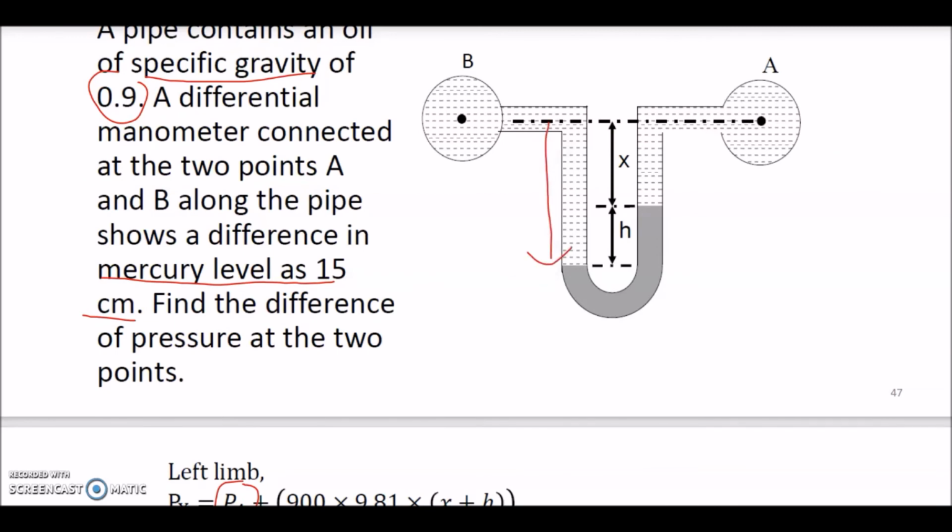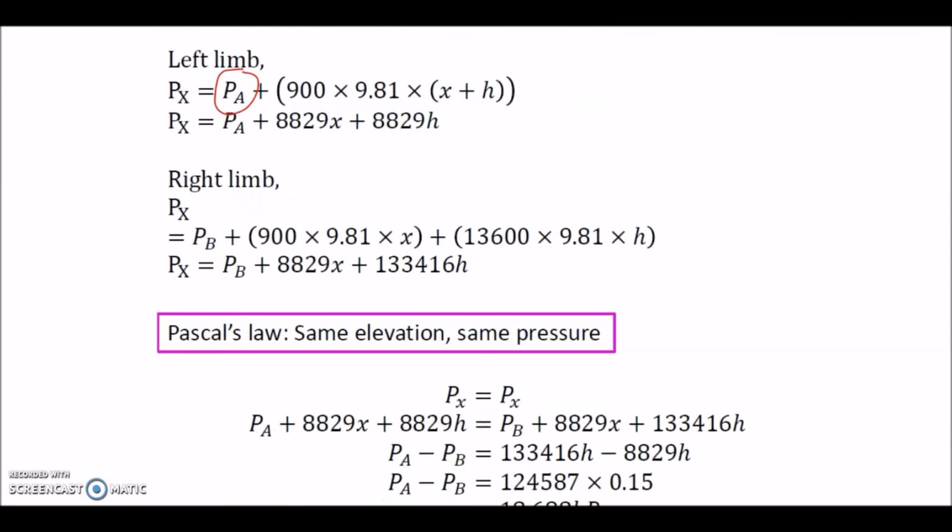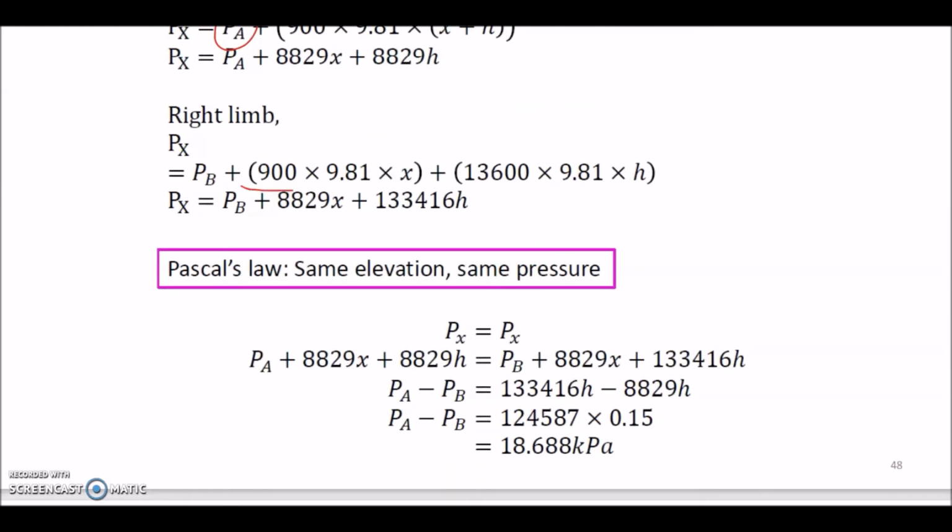This is for left limb, H plus X. This is the datum. And then for the right limb, we have two different liquids. Here, this is for oil, this is for mercury. Then simple mathematics, you get Px is Pb plus 8829X and also H.